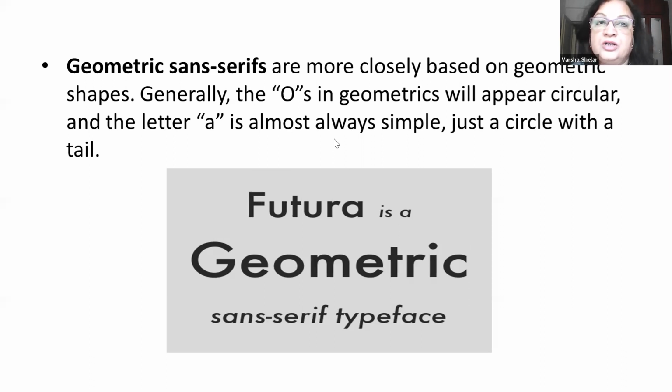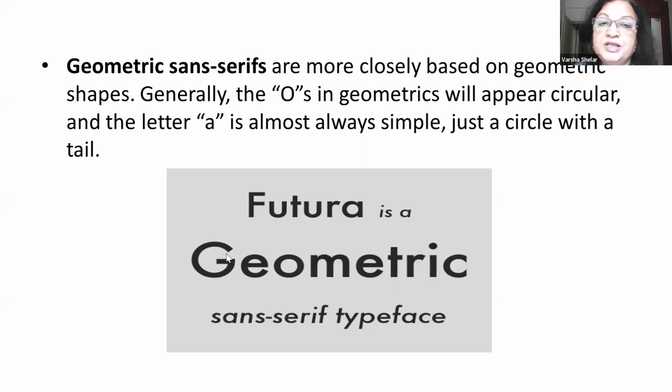Geometric sans-serif is another classification, as the name suggests. If you see the O and the A, it's very, very simple, and O is a perfect circle. G, if completed, will be a perfect circle.